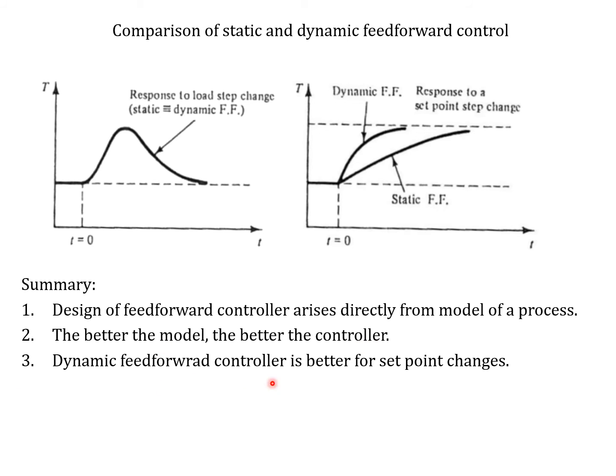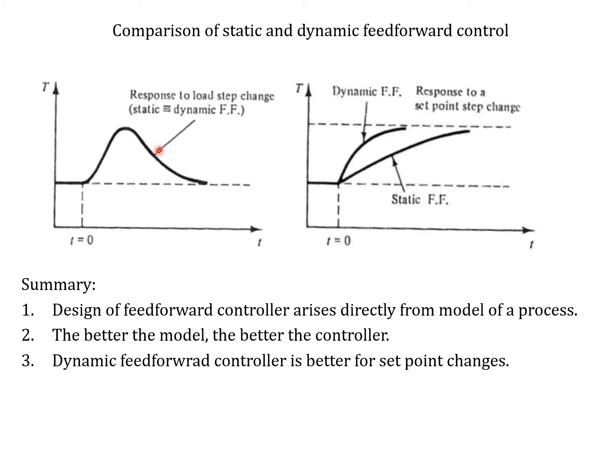And we can see dynamic feedforward is better for the set point changes. In some cases it's better for the set point changes, but mainly the feedforward is there to cater for disturbance. Whether you use this dynamic or the static here, in terms of disturbance performance, they're quite equal.